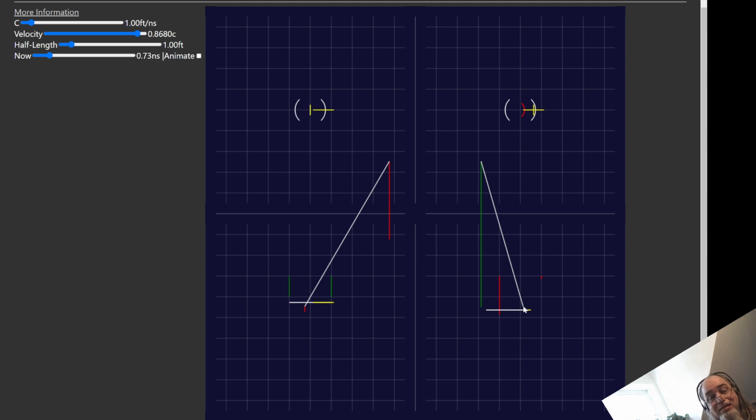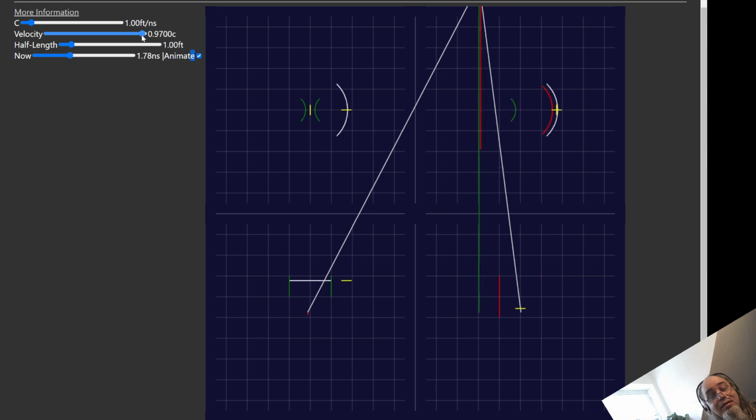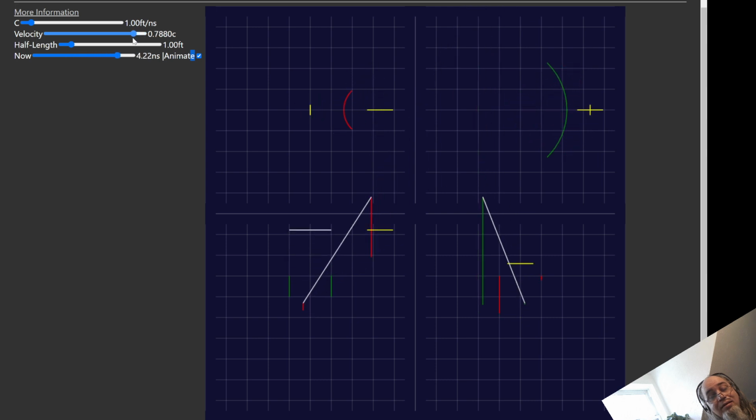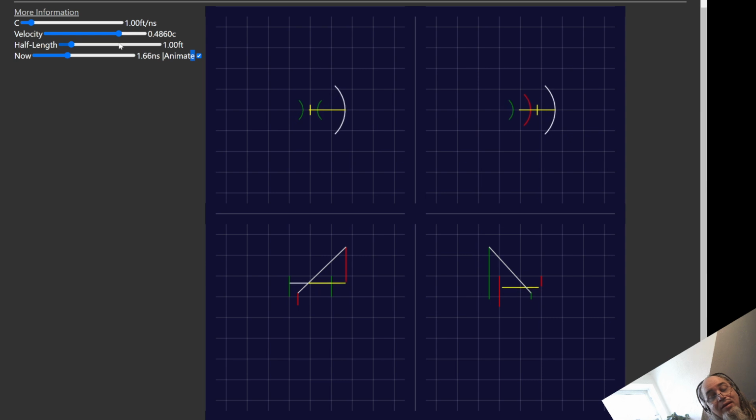But this distance doesn't elongate just because this guy's going fast. And that's what that real issue is. I only draw the stationary observer long enough for him to generate the light events, and then he goes away.